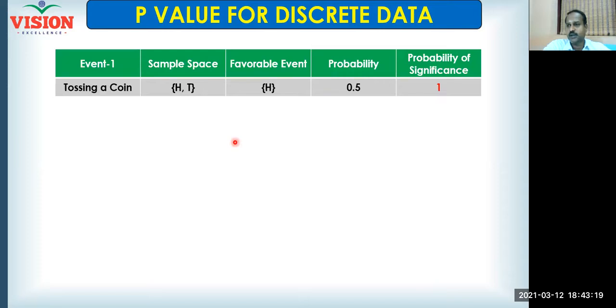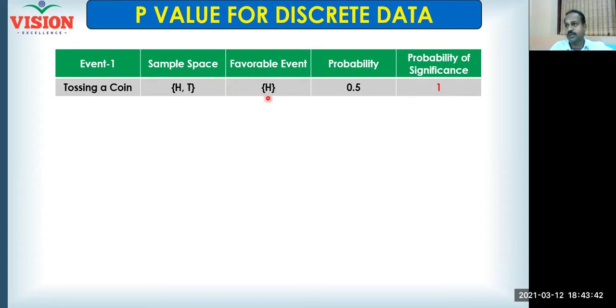Let us consider tossing a coin. What is the sample space while tossing a coin? Sample space is nothing but a set containing all possible events. When I toss a coin, I could get only either a head or a tail. So I include both in a set, and that becomes my sample space. Now let us consider the event of interest to be getting a head.